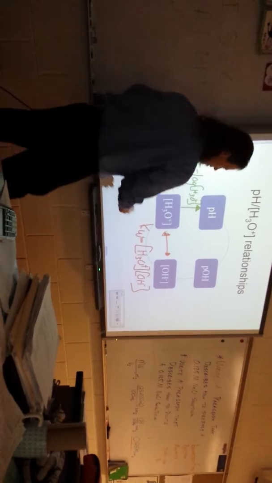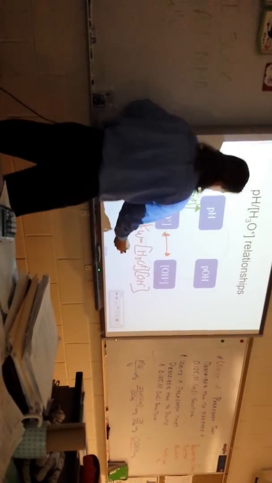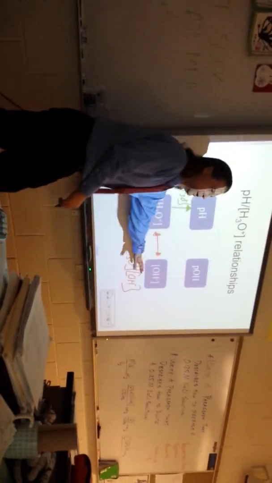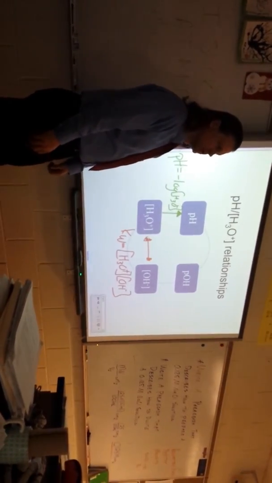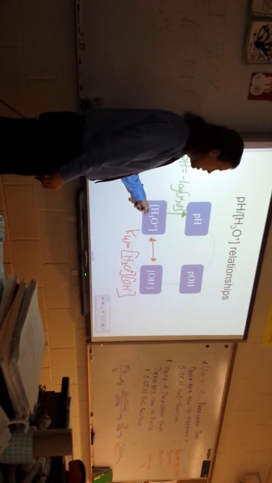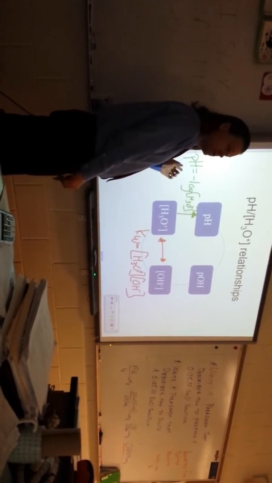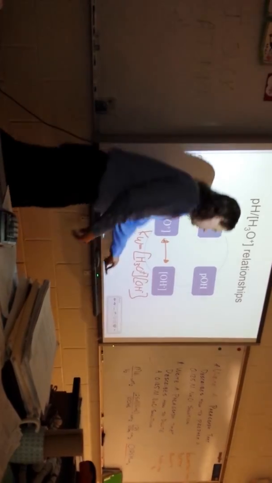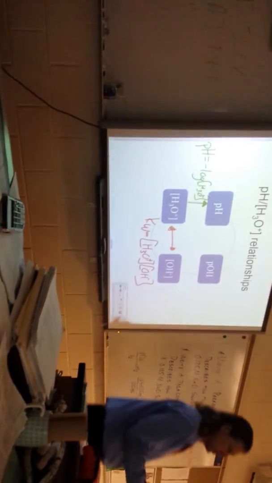So if I know this, I can eventually calculate this by using the two of these formulas. Okay? If I know this, I can easily calculate pH by just using one formula. Do you see that? So that's pretty much it.